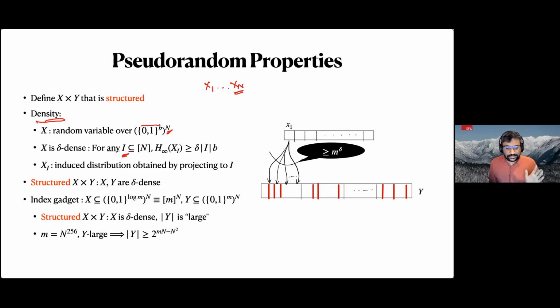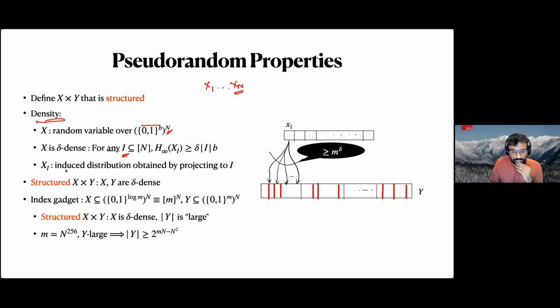Think of delta as some large constant less than 1, like 0.9 or 0.8, less than 1 but larger than half. So if you look at a bunch of |I|b bits, the maximum min entropy could have been |I|b, but under X, it still has considerably large min entropy, something like 0.9. And this happens no matter what subset of blocks you're looking at.